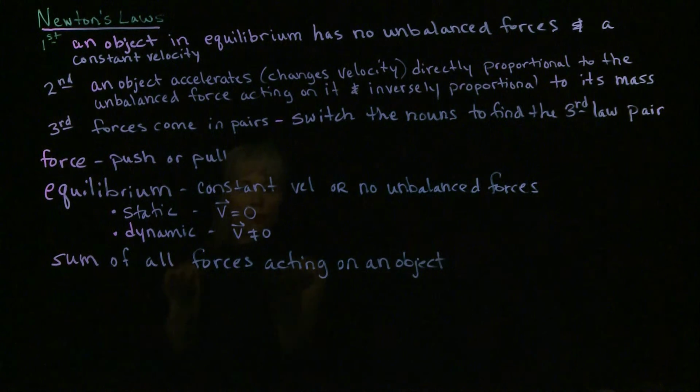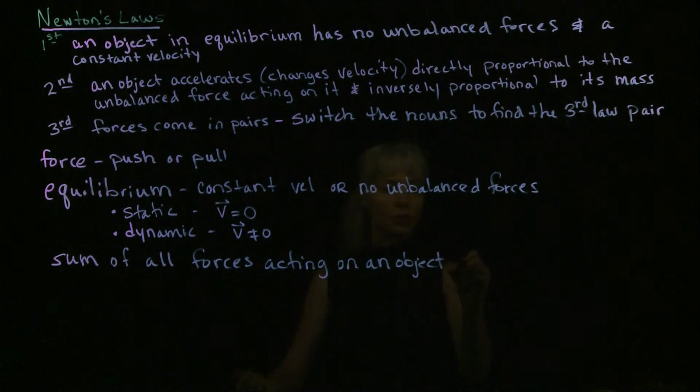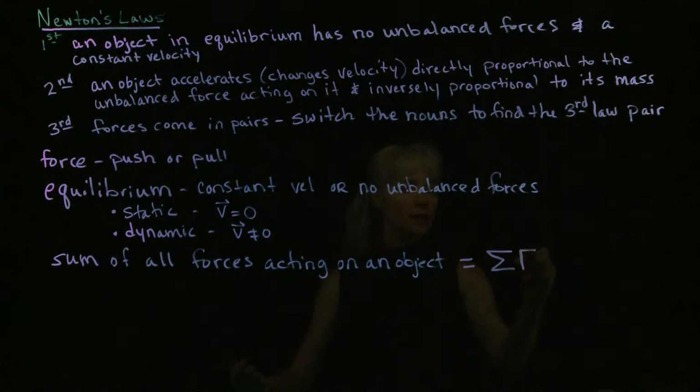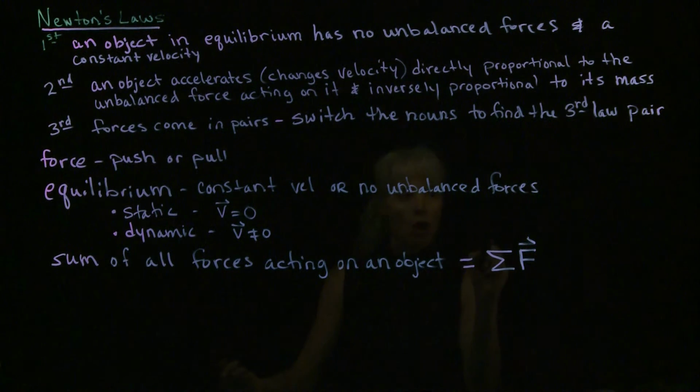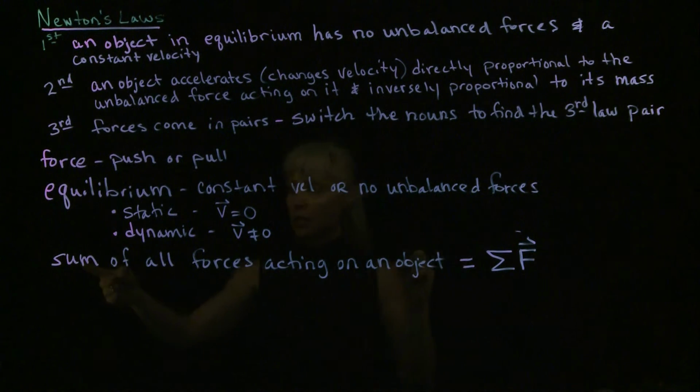This is a lot of words to write, so what we're going to do is we are going to say that this is directly equal to sigma F. Sigma comes from the Greek alphabet and is used widely in math to mean the sum of. So this is the sum of all forces acting. That's what this means. That's why this equality is written here.